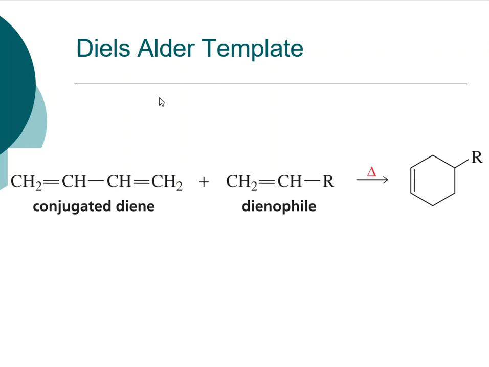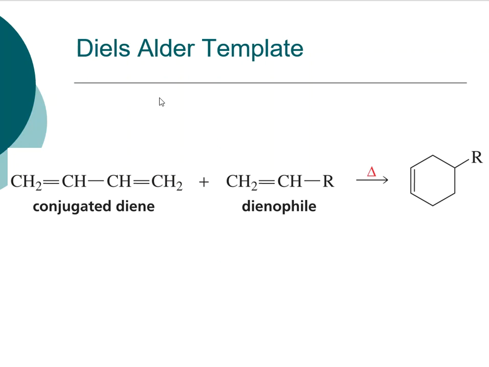Those two things get mixed up and we put a little bit of heat on them and bing, we get a ring structure. How on earth? I mean, if you were reading this and you didn't have an explanation of it, would you be able to say that that was the product of this reaction? You probably couldn't. Well, what are some of the things that we can take away from this?